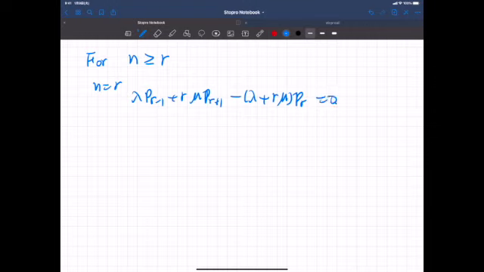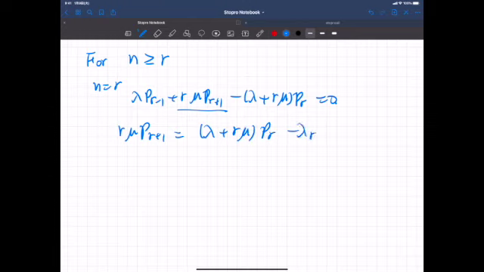So from this, r mu p_{r+1} is equal to lambda p_r plus r mu p_r minus lambda p_{r-1}.